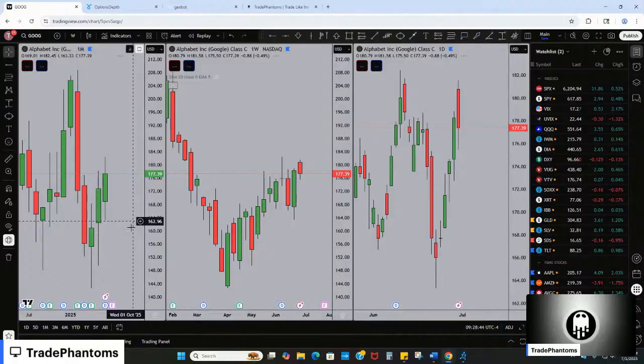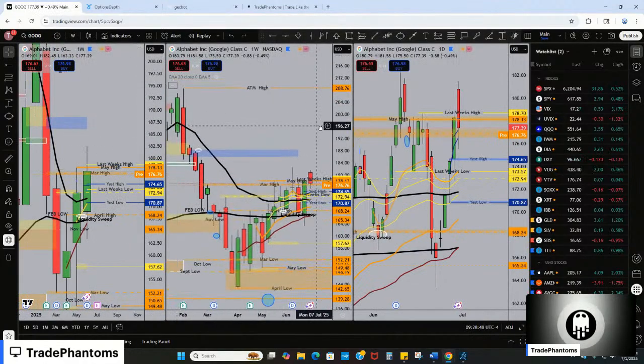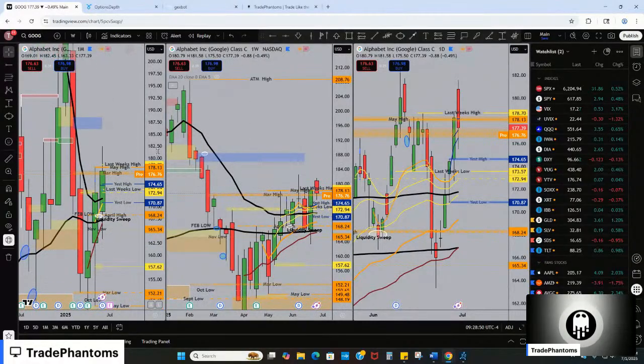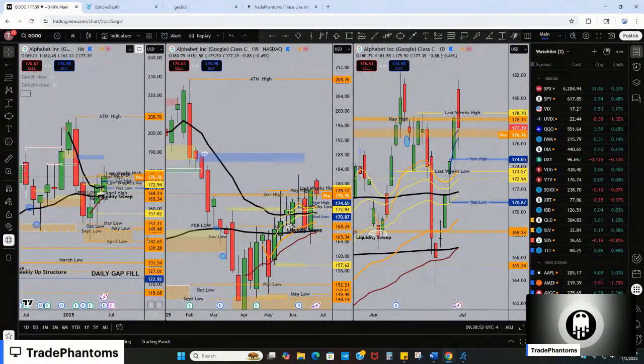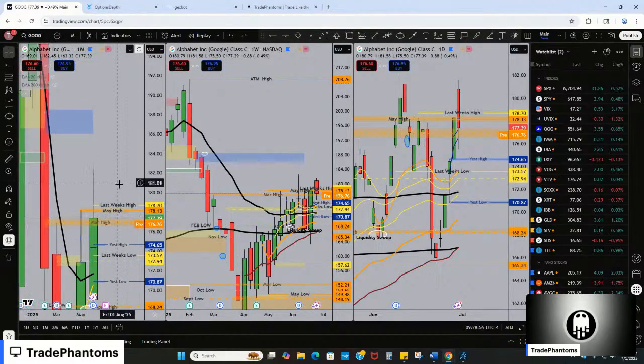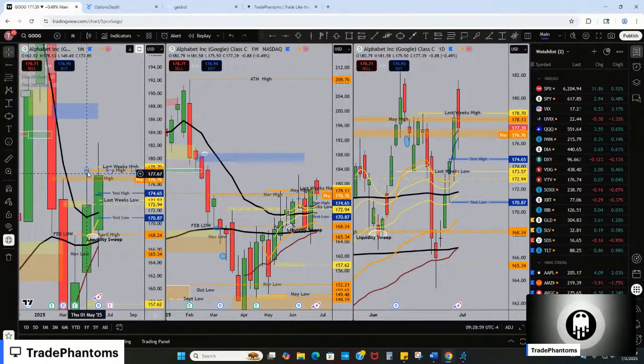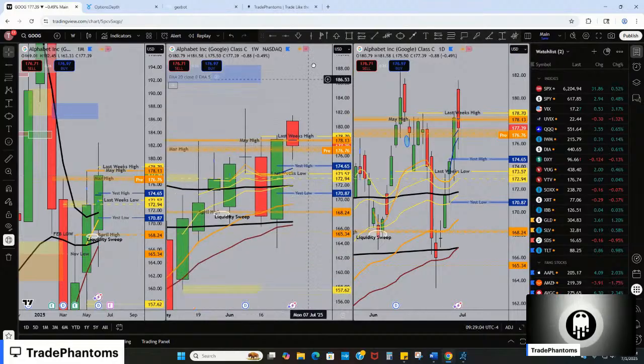Google. Again, similar to Amazon, trying to join the all-time high party club here. Decent monthly close last month, couldn't even get above May's high and sustain, at least on the monthly bar close.